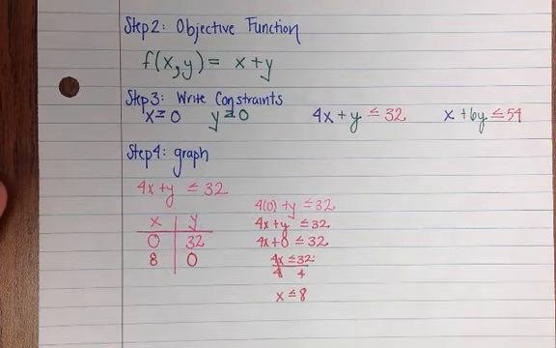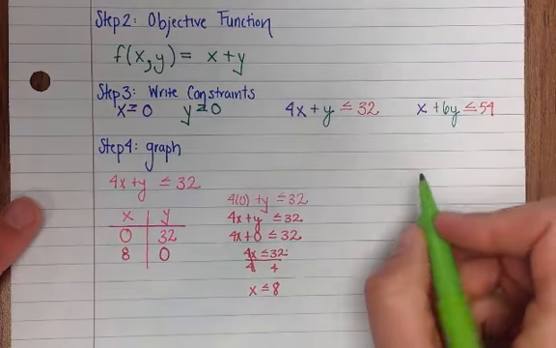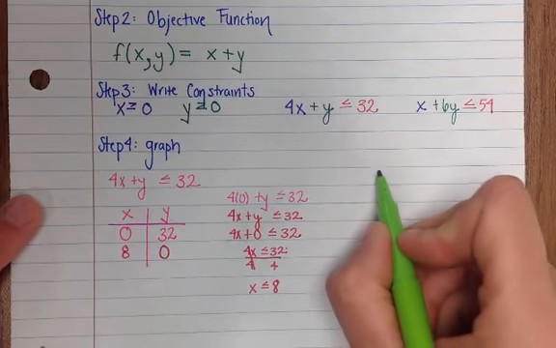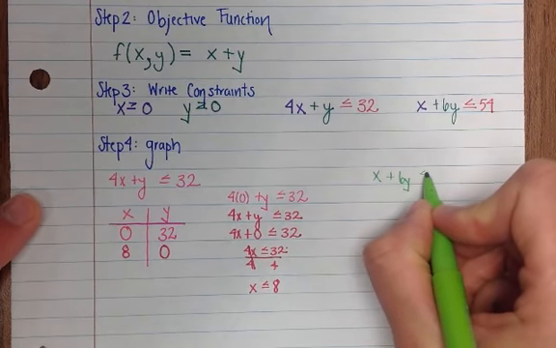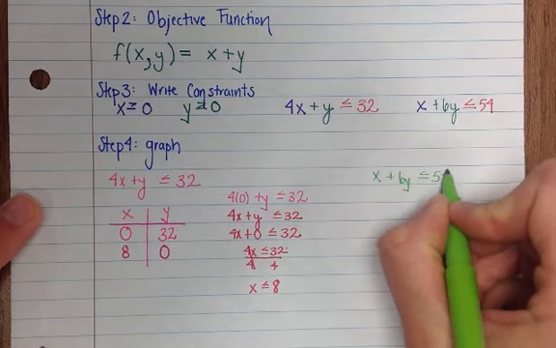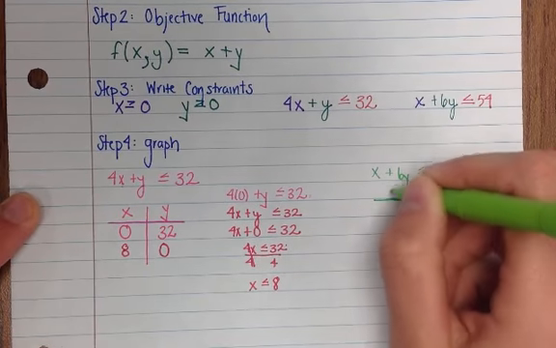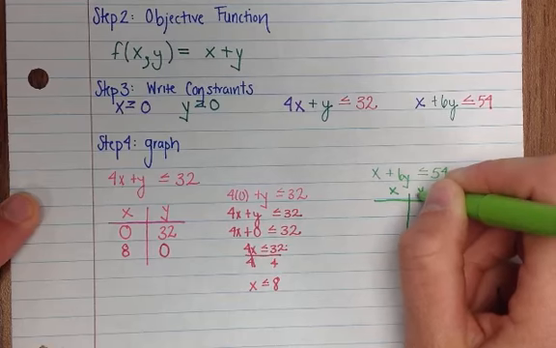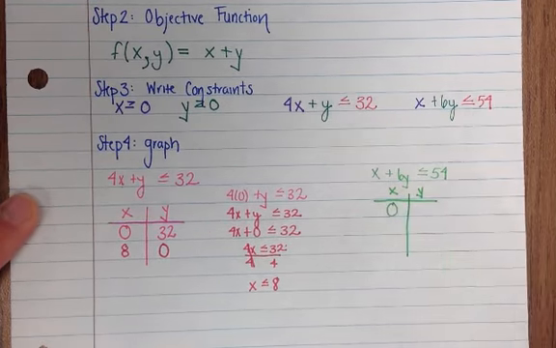We're going to repeat the same process for our other function. So here we have x plus 6y is less than or equal to 54. So I'm going to make my table, my x's and my y's. I'm going to look at when x is 0, what is y?